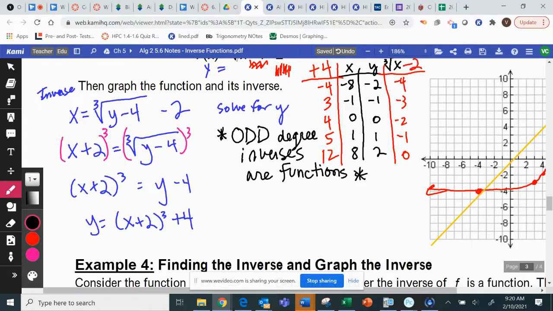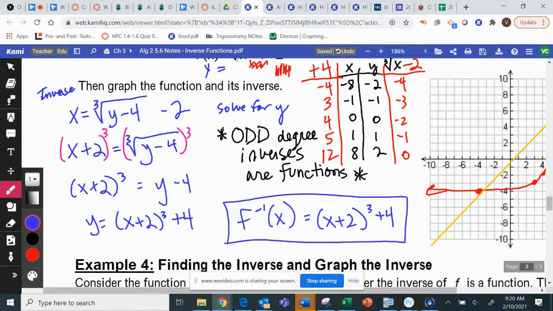Okay, if it's an odd degree, when you find the inverse it will be a function every single time. Here we're talking about cubic, that's odd. So I will write my answer in inverse notation. No, function notation. Sorry, said the wrong thing. It will be a function. Write it in function notation. And that will be my inverse.